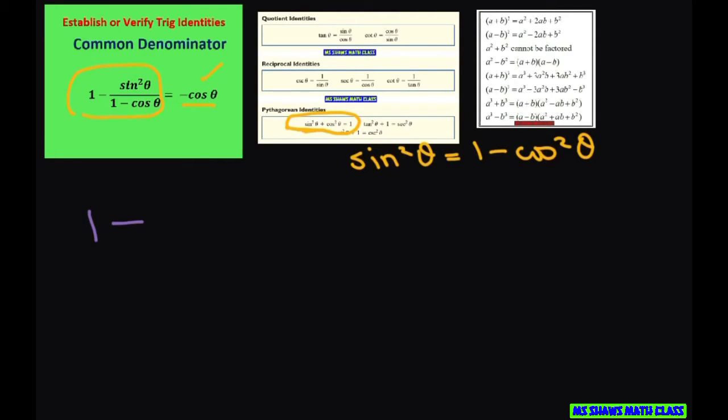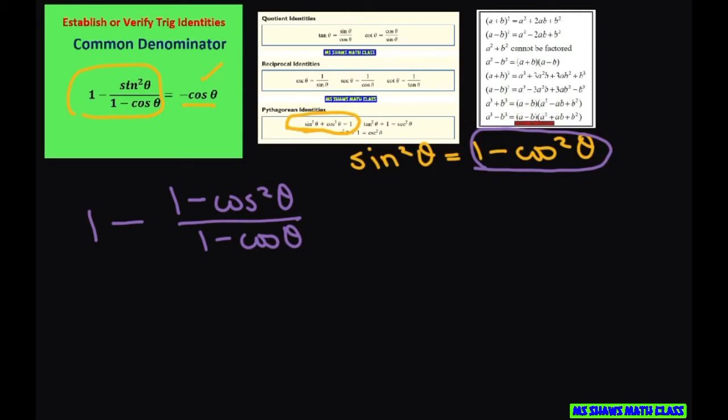So instead of sine squared, I'm going to substitute 1 minus cosine squared of theta, divided by 1 minus cosine of theta. Now, this is a difference of squares, so what I'm going to do is break it down using this. All right, so our A is 1 and our B is cosine.